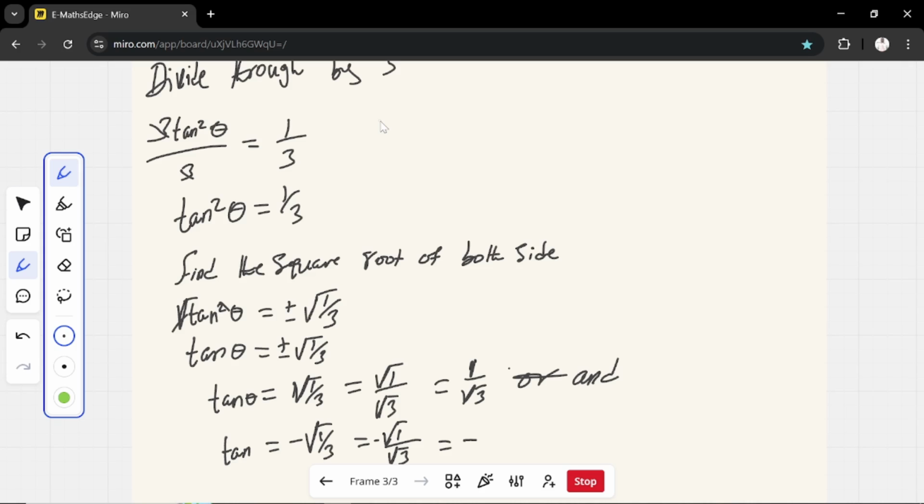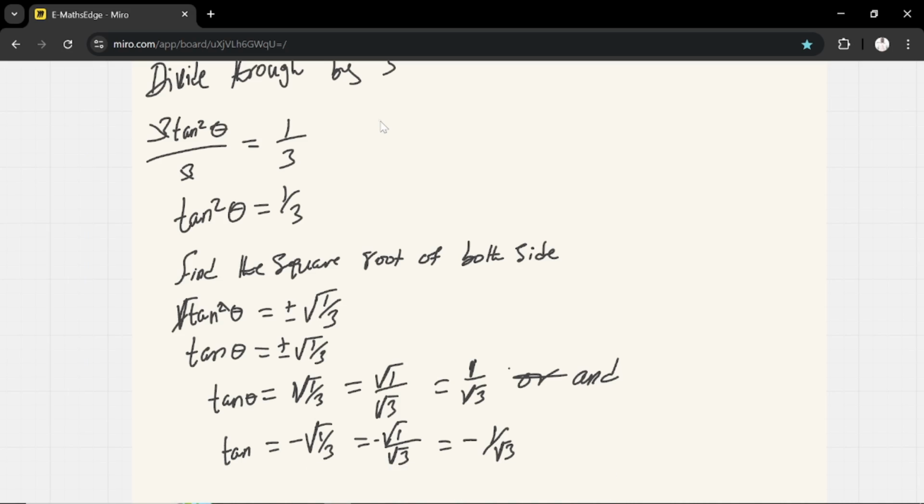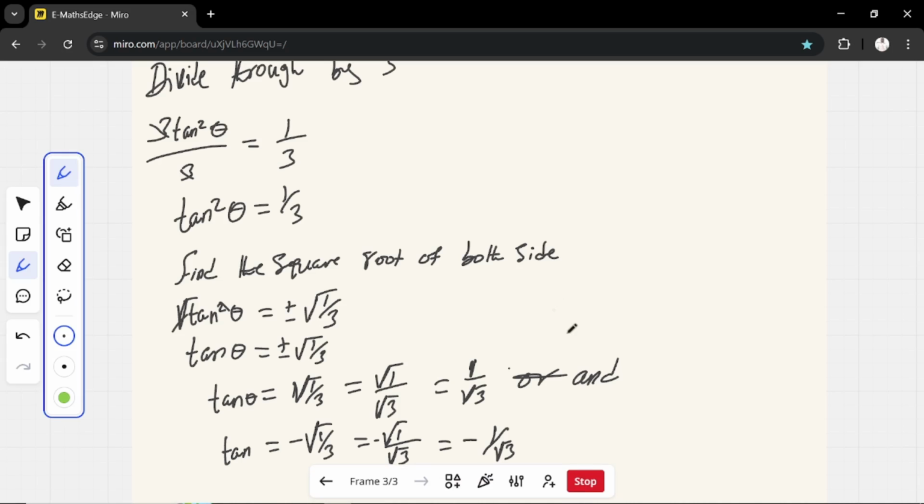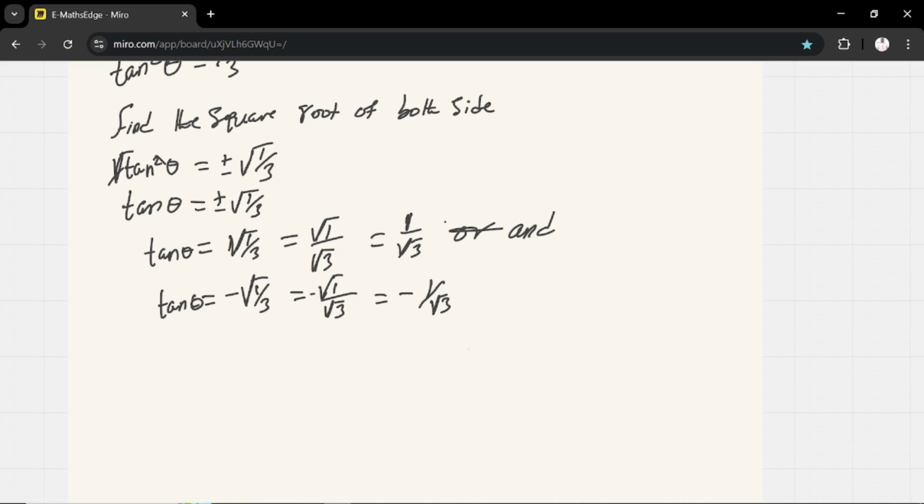Sorry, root 1 is the same thing as 1, so that is going to give us negative 1 all over root 3, right? So that's to say we have two different values, positive 1 all over root 3 and negative 1 all over root 3. What we are going to look at next is to obtain the corresponding angles in degrees for tan θ.